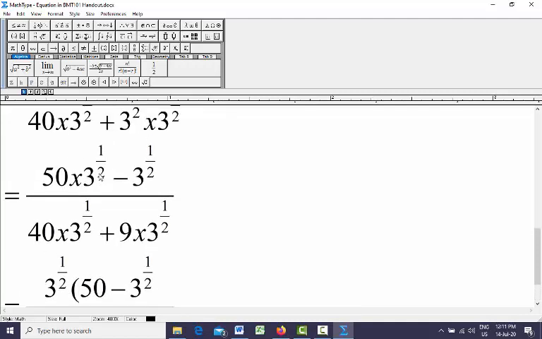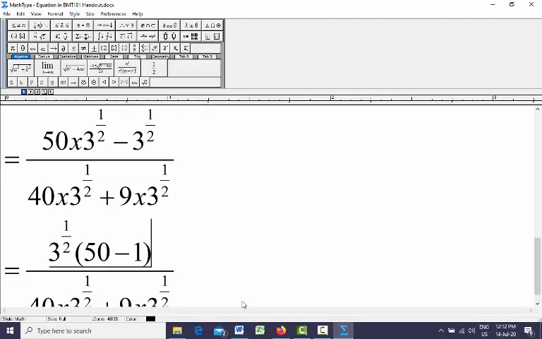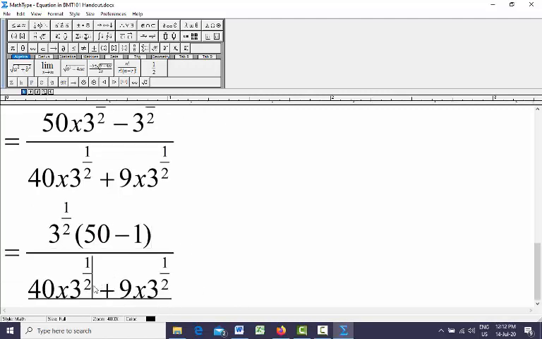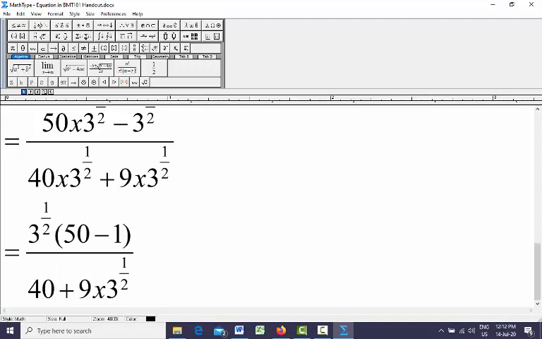If you take 3 to the power half common, we will have only 50 for the first term, and from the second term, we will have only 1 there.